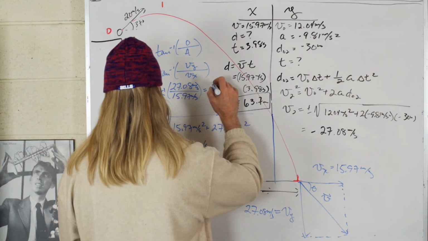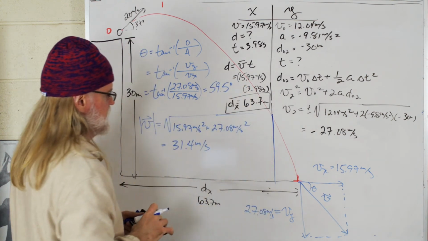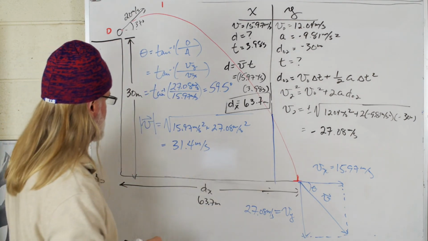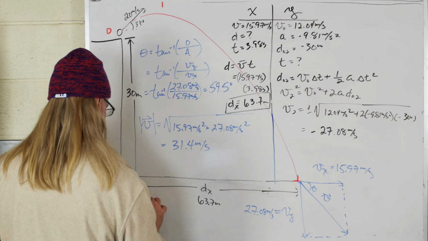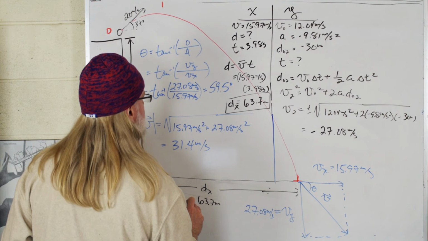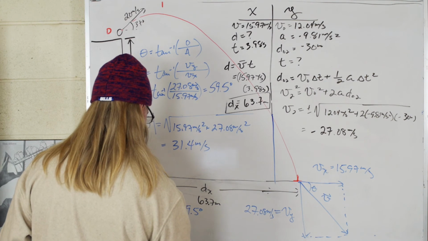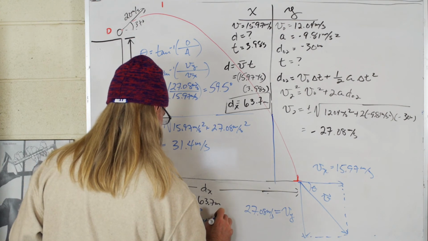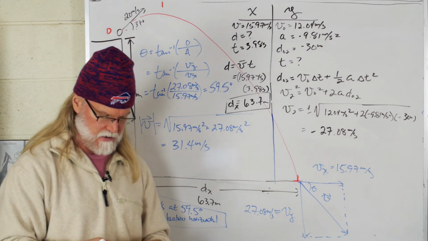And I have about 60 degrees, 59.5 degrees. Does that make sense? Yeah, it should be more than 45 because it's more down than across. All right, I'll buy that. So the velocity at the end was 31.4 meters per second at 59.5 degrees below horizontal. There's our ending velocity.